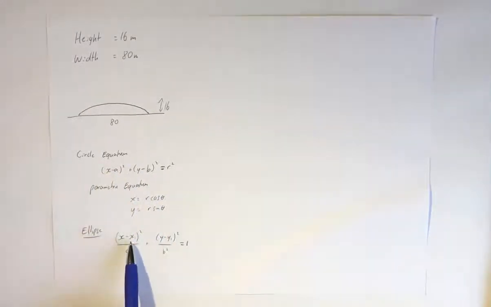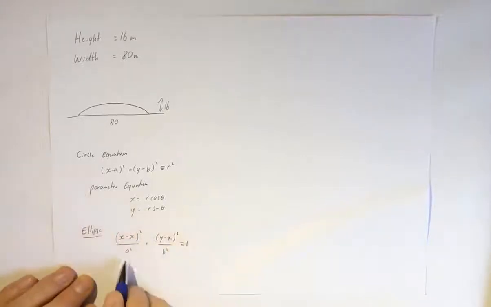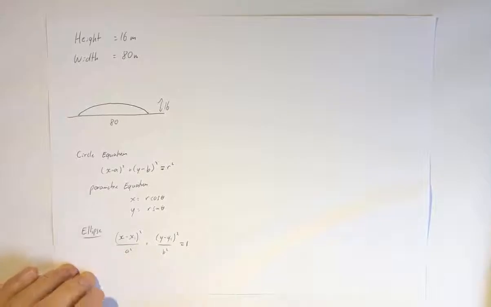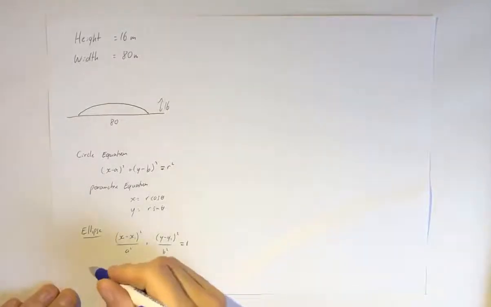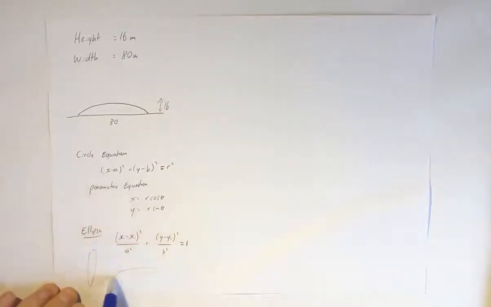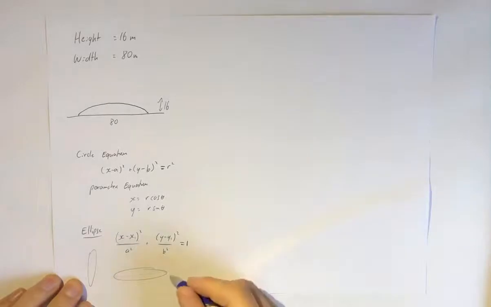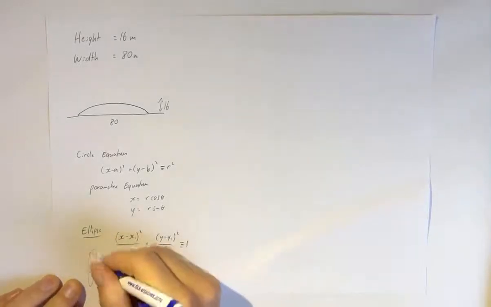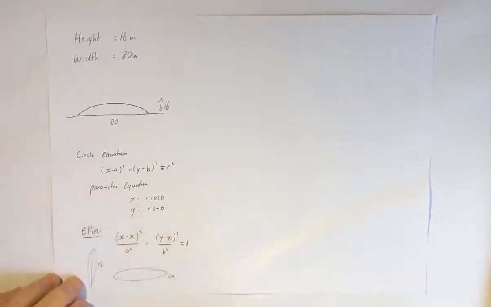This is an ellipse centered at (x1, y1), and if you remember, A is half of your major or minor axis, and B is half of your major or minor axis, depending on the orientation of your ellipse. Here, your major axis is 2A, and here your major axis is 2B. So just be aware of that.